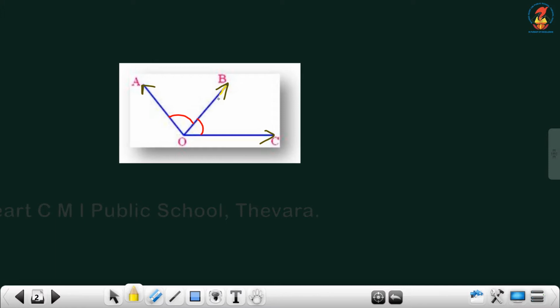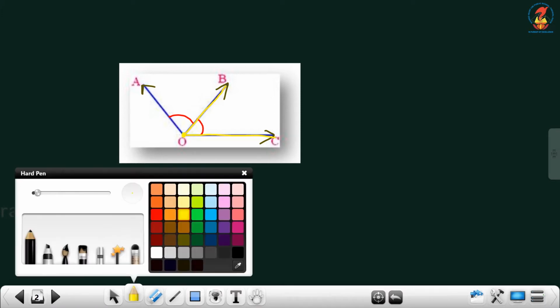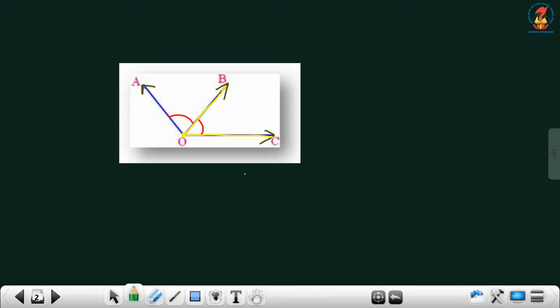So, this ray and this ray are intersecting at this common point, okay? And this ray and this ray are again intersecting at the same point, okay?